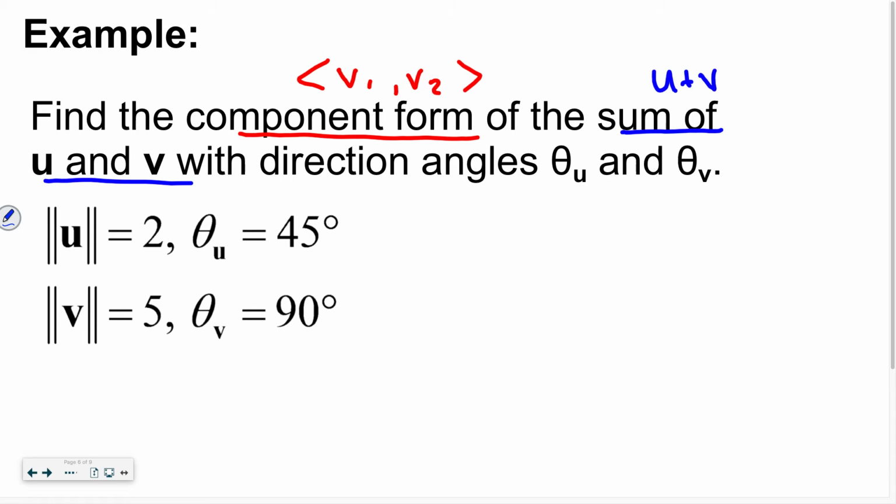So right away, if this is our given information, we're going to need to find component form for u, and we're going to need component form for v, so that we can then add horizontal and vertical components. Will you please do that work? And I would like my answers to be exact, no decimals.